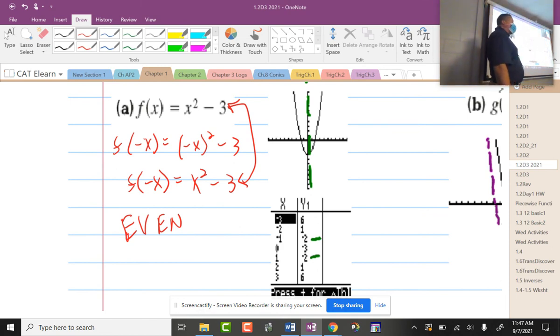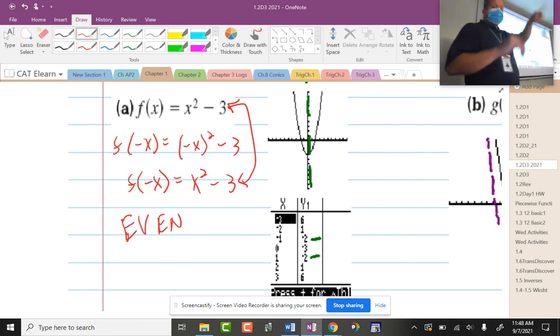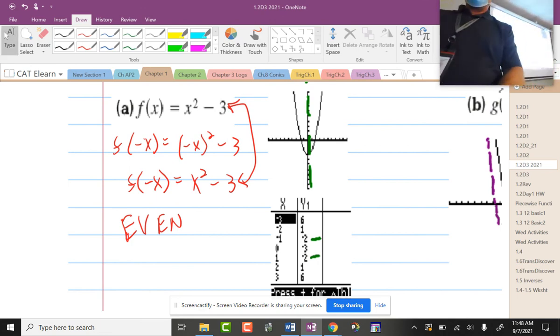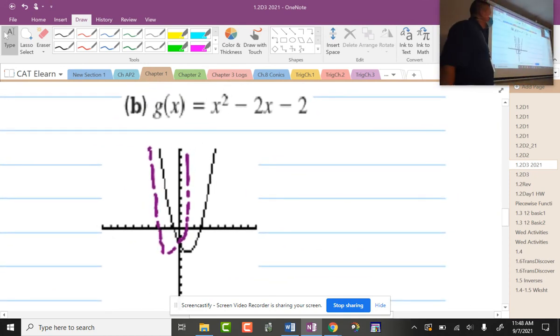So this simple algebraic test will be needed on your upcoming quiz. I will ask you, even, odd, or neither, prove it algebraically. And you will have to have that written down. I'm just giving you the information, what I'm going to expect you to do. By the way, this is a quadratic.